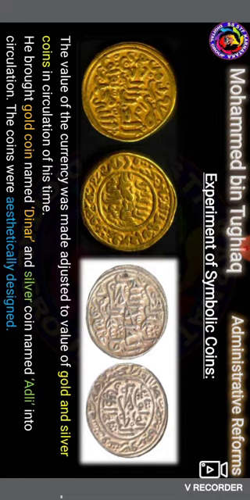He brought gold coins named dinar and silver coins named adli into circulation. The coins were aesthetically designed. Look at that picture: these two were the gold and silver coins. The value of currency was adjusted to the value of the gold and silver coins of that period.